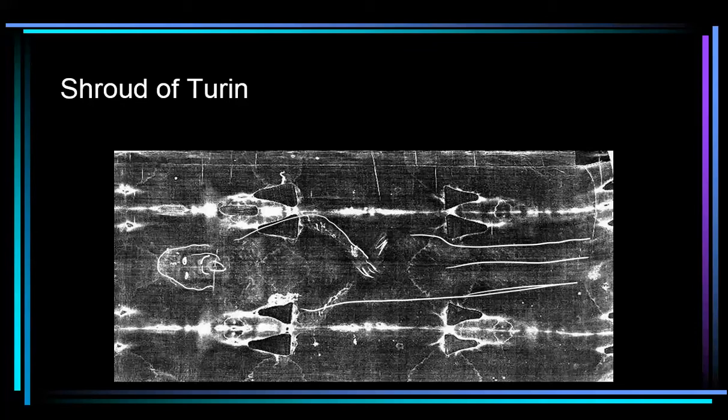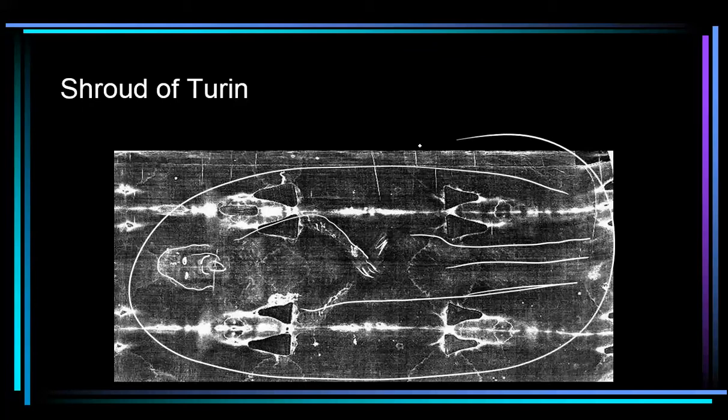Now, it is very hard to see this in the actual image. Back in the late 1800s, early 1900s, a photographer by the name of Secundo Pia was the first one to take a picture of it, and as he was developing the film, he realized that the image in the negative was more realistic than the actual image. The Catholic Church, back in I think it was '79, allowed a group of scientists to test this shroud.